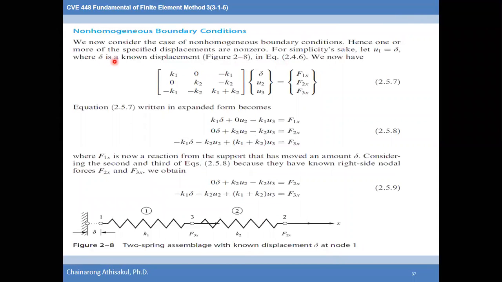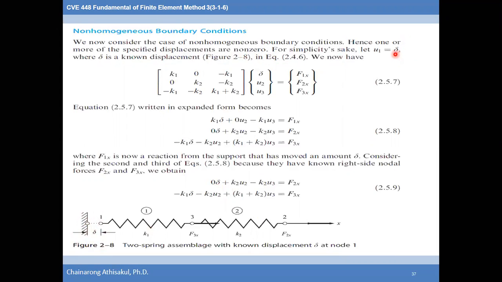One or more specified displacements are non-zero. For example, let's consider this case again, but at support number one, it is not fixed anymore. It has a movement, defined by the quantity delta.